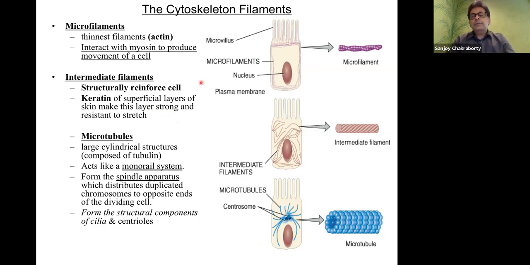And microfilament, the protein called actin, has many functions. One of the functions is that actin is involved with myosin to produce muscle contraction, or in other words, even cell movement. Muscle contraction we're going to learn later on. The microfilament also has another function. When cell division takes place, the cell divides into two.